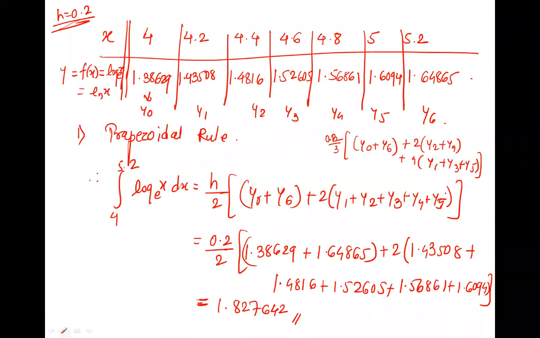Okay, here are the answers. 3h by 8, y0 plus y6 plus 3 (y1 plus y2 plus y4 plus y5) plus 2 into y3. Bracket complete, one more bracket complete.